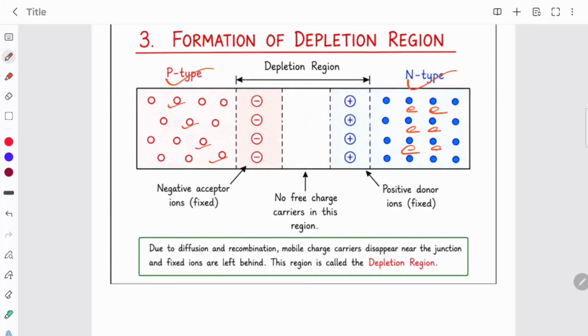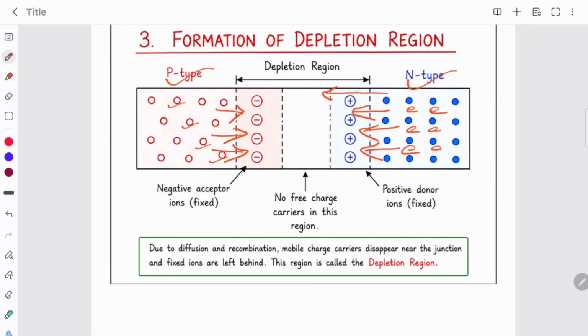Therefore, due to the concentration difference, electrons start diffusing from the n side towards the p side, and similarly holes start diffusing from the p side to the n side.